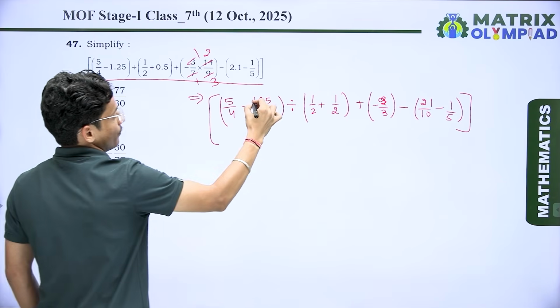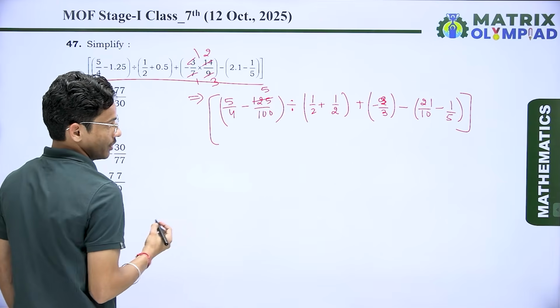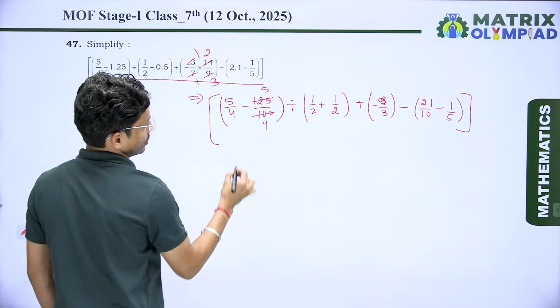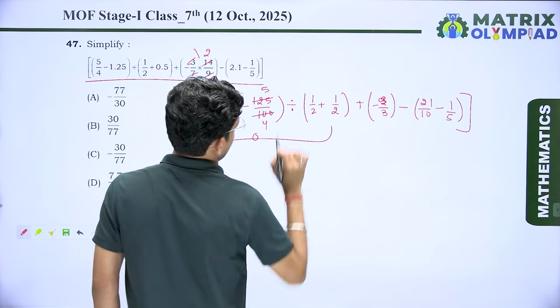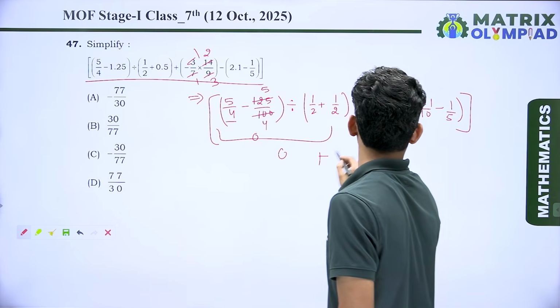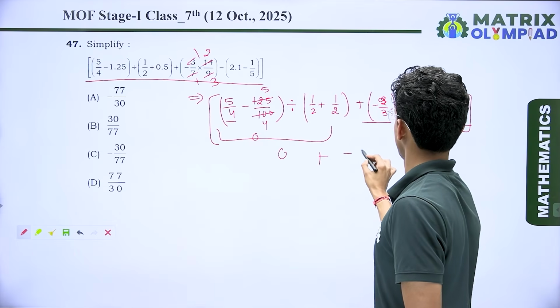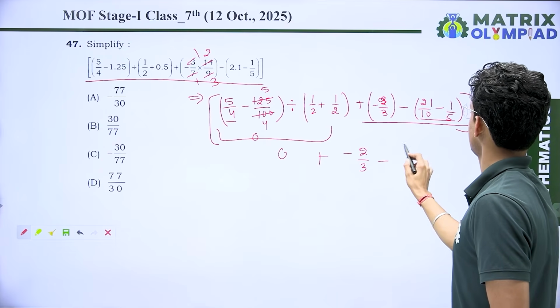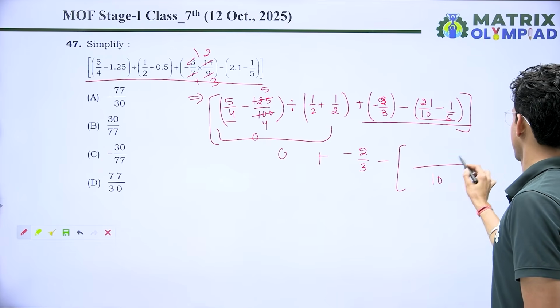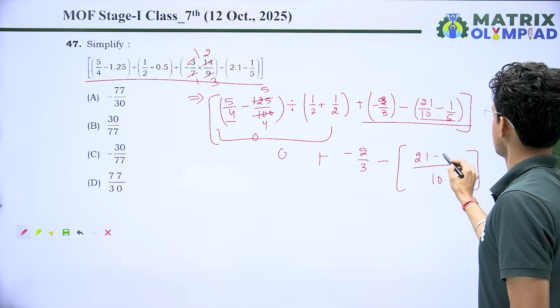So we know 25 5 is 125 and 25 4 is 100. So 5 upon 4 minus 5 upon 4 is 0, and 0 divided by this number, the whole we get 0. So here we have a number, that is this one. So minus 2 upon 3 minus, we take LCM, that is 10. So I can write 21 minus 2.